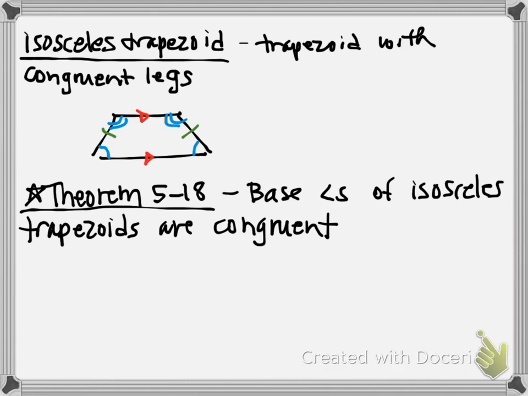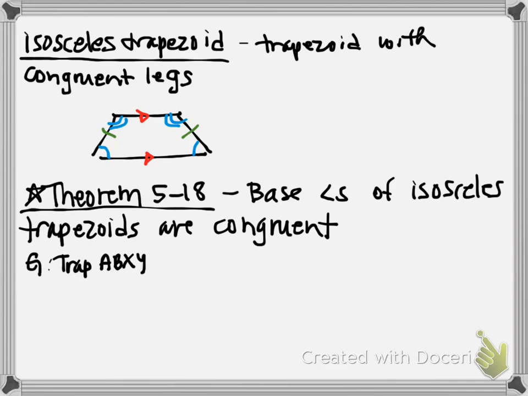Now, we could talk about how you would prove this. If you were doing a proof on this, you would be given that you have a trapezoid, and we'll use ABXY.